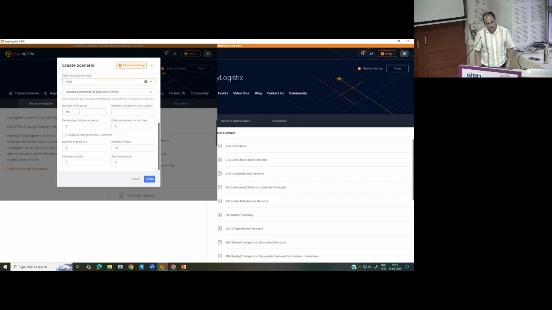And if you want to locate, suppose, 100 customers based on the population, then you can set this 100 demand per citizen per period, order placement, number of products, number of sites, meaning facility, DC, and site carrying cost. When you create it, it will directly create the 100, 200, whatever customers with whatever the facilities are there, if you want to do that.